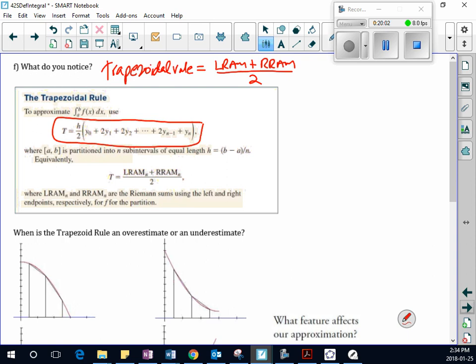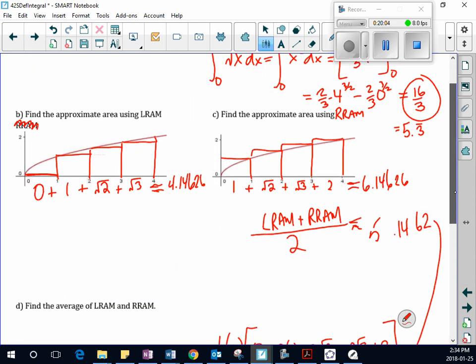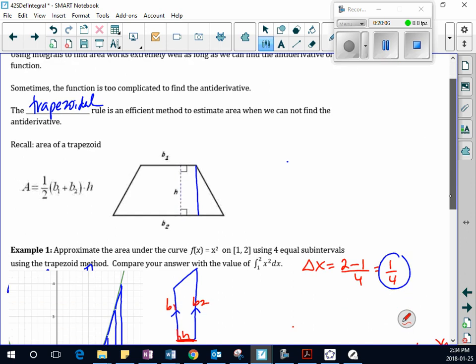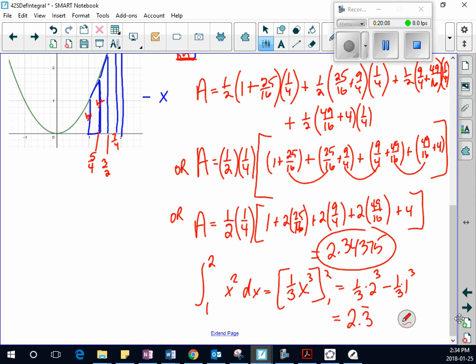Again, I showed it to you here, when I factored out the 1/2 and the quarter that was common to all of them. You notice that you're adding up 1 plus, and then all of a sudden you get 2 of them, 2 of them, 2 of them, right? So then I simplified it by saying I have 1 of the first, 1 of the last, and I have 2 of all the ones in the middle. So that's why we have 2 of them.